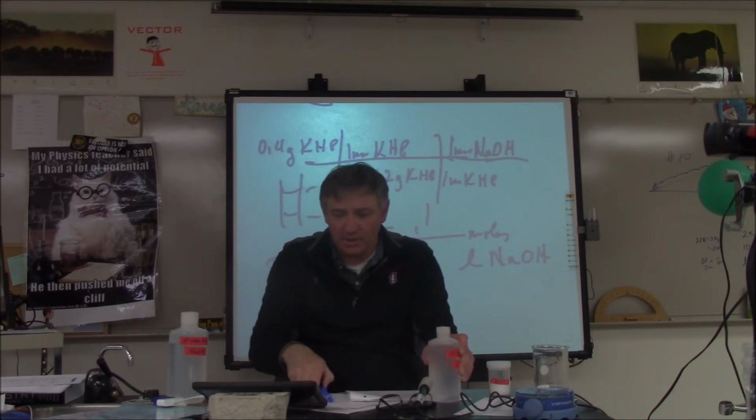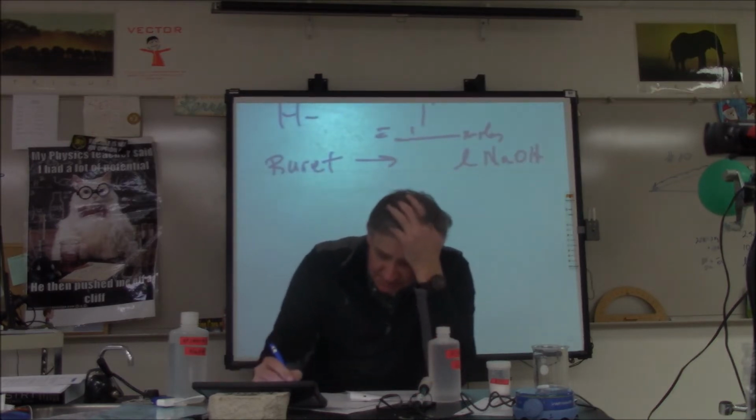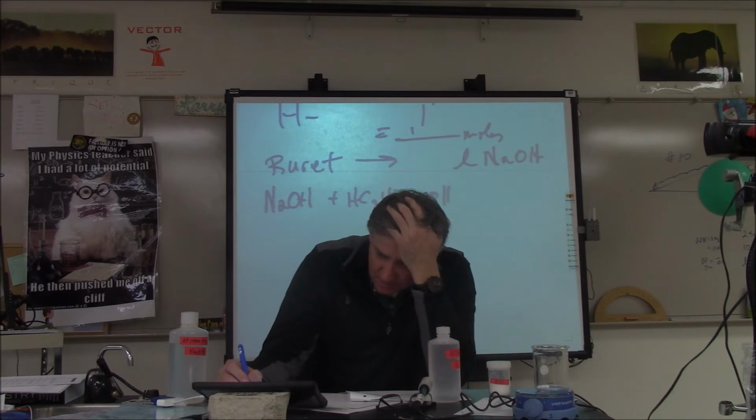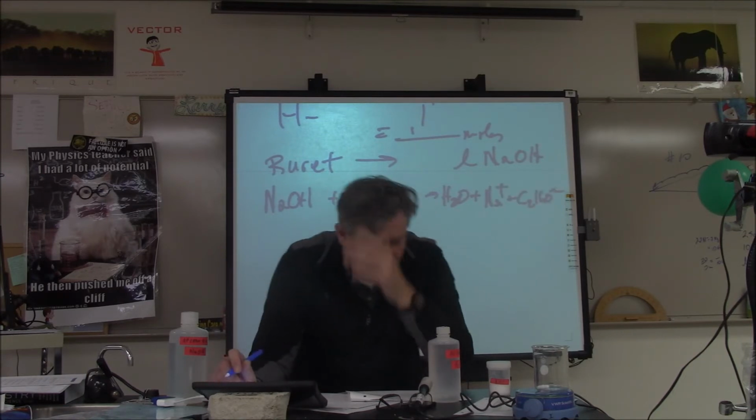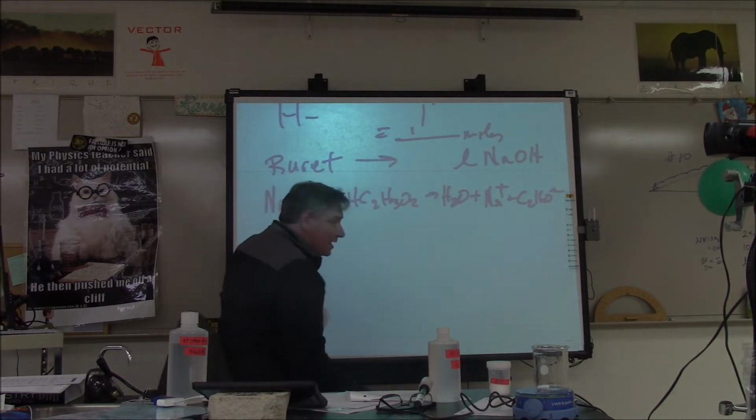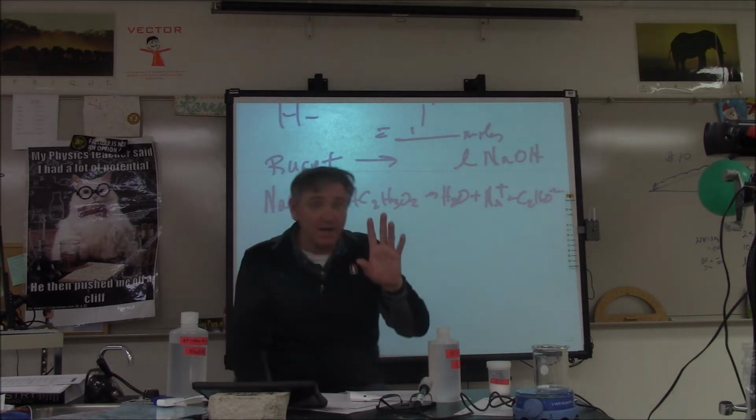Now, at this point, here's your reaction. It's going to be sodium hydroxide plus acetic acid yielding water and the sodium ion and your C2H3O2 anion. What we're only going to worry about is the net ionic equation.